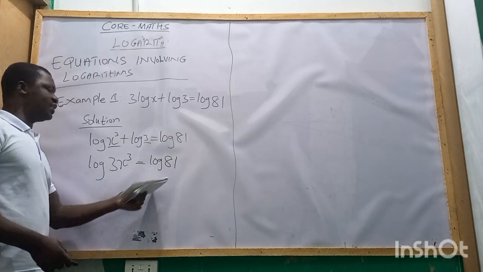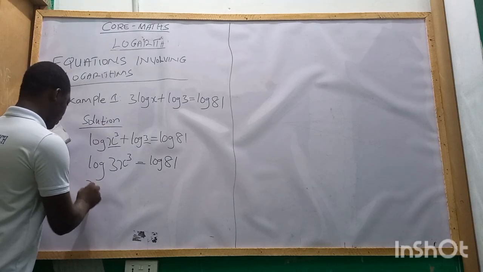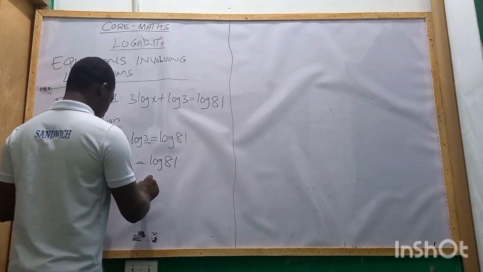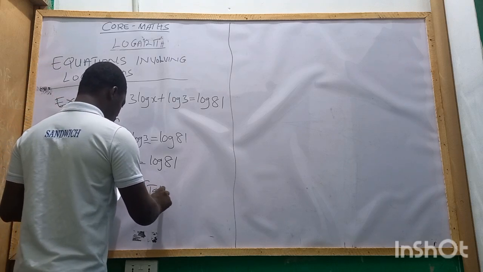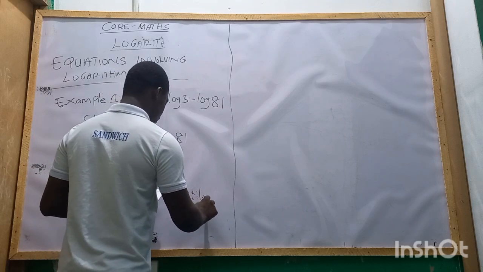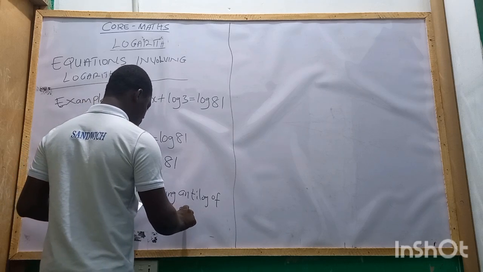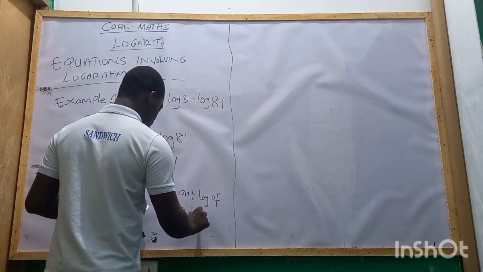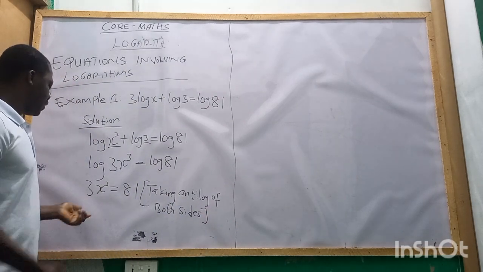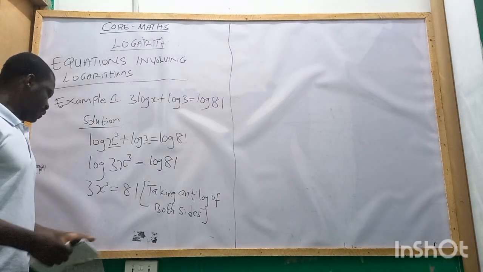So if you take anti-log of both sides, we'll have 3x cubed equal to 81. Right. Okay, so let's proceed.